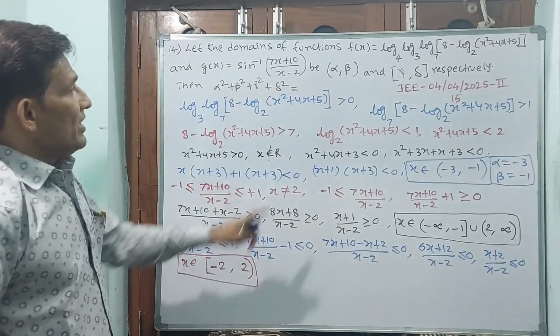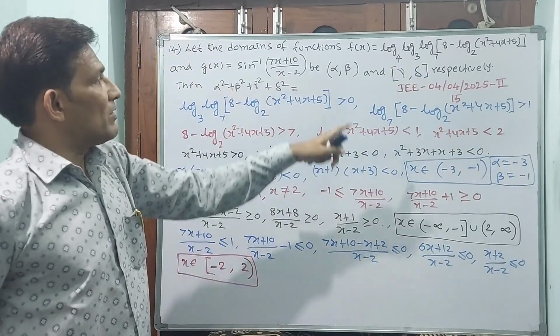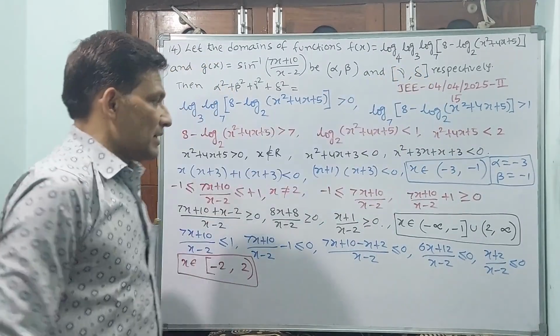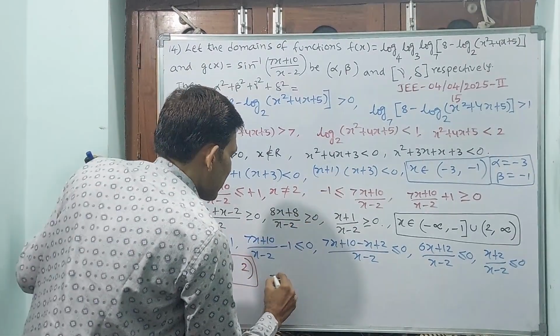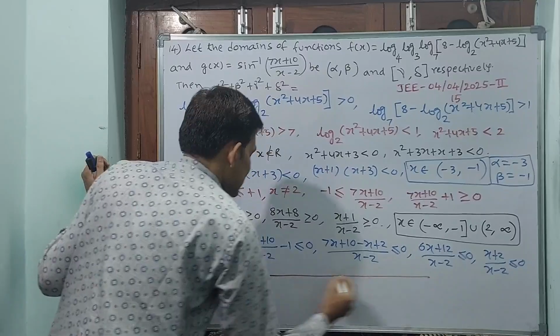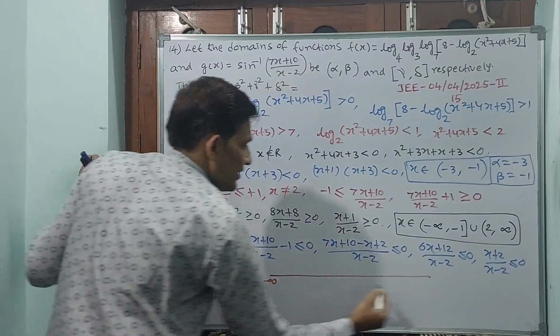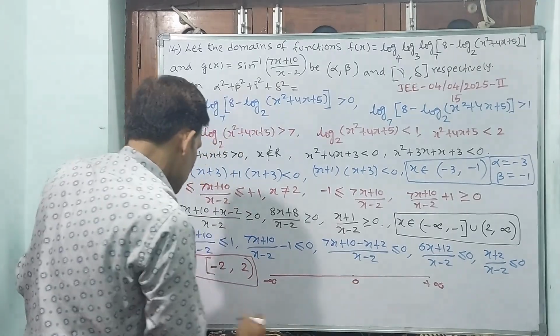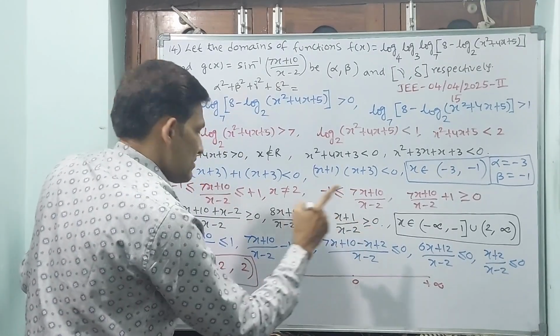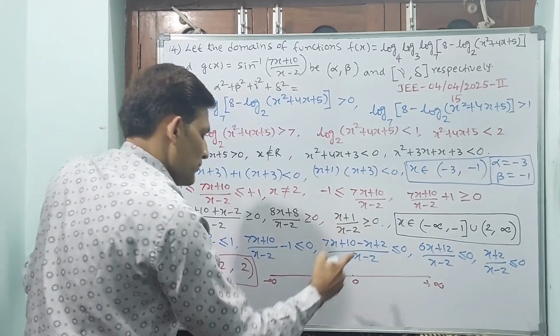Here the alpha beta calculation is over. Now we have to find gamma and delta, but these two we have to put on a number line. See how I am putting this on the number line. This is minus infinity to plus infinity, and in between 0, minus 1, minus 2, plus 2.